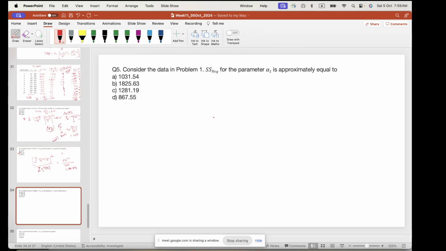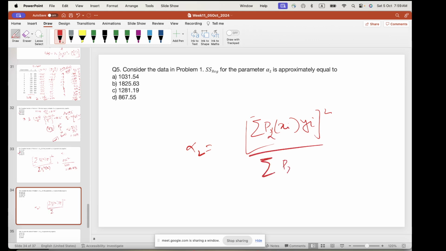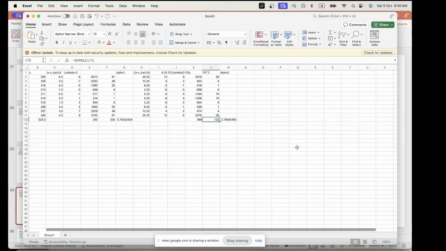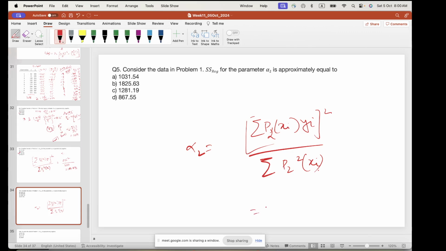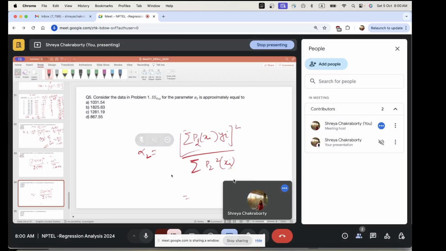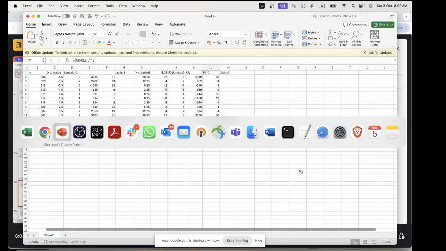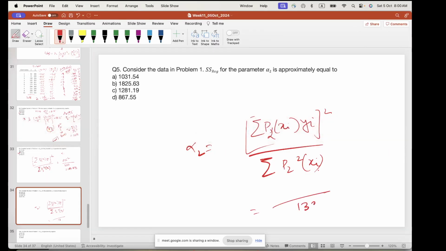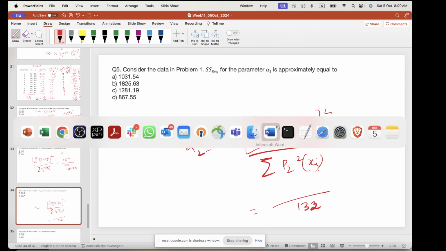SS regression for parameter alpha 2. Alpha 2 is how much? Same, summation pj xi into yi whole square. So p2 xi into yi whole square by summation p2 square xi. So coming here, p2 square xi was 132, and summation p2y was how much?